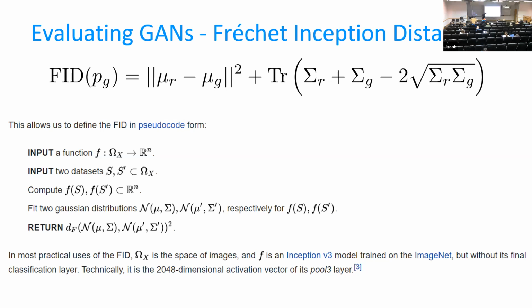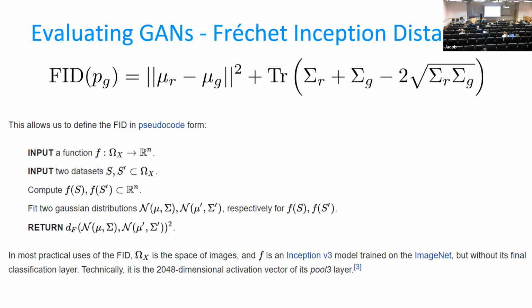And then we're going to use our network to extract features from both of these data sets. So we have now basically converted each of these data sets to vectors in a 2048-dimensional space. Then we're just going to fit two Gaussian distributions, using maximum likelihood, just normal classical statistics, one for each set of embedded images.